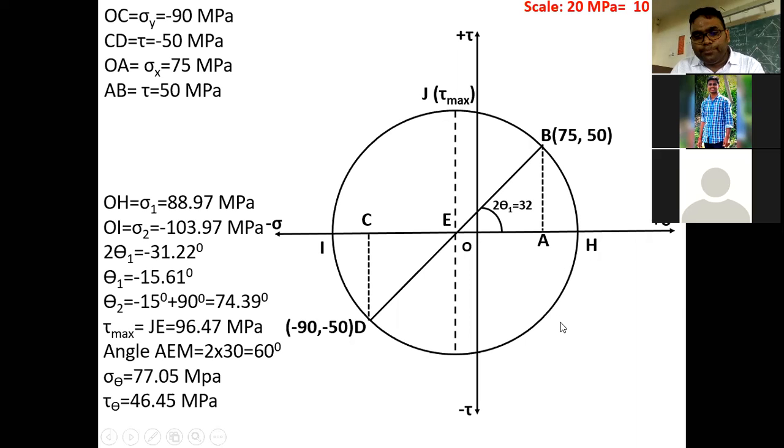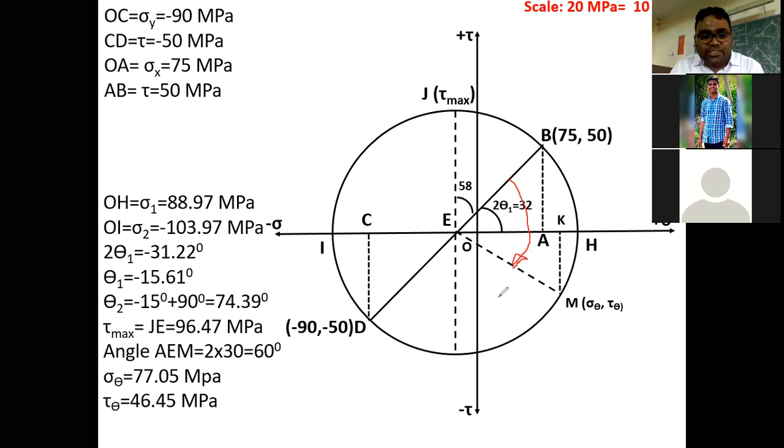So let's see here. This angle, I am showing you this angle, you have measured this angle, how much is it? 60. This is 60 because in the question it is given 30, so double of 30 is 60.